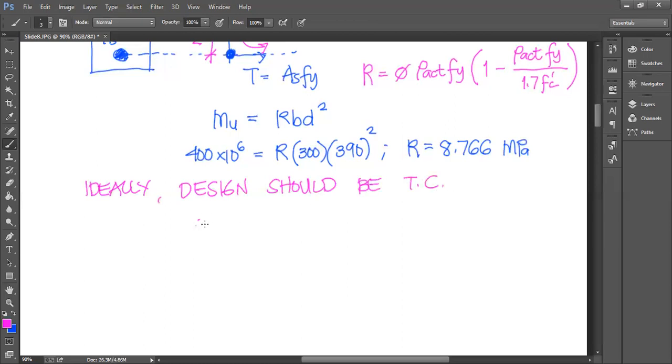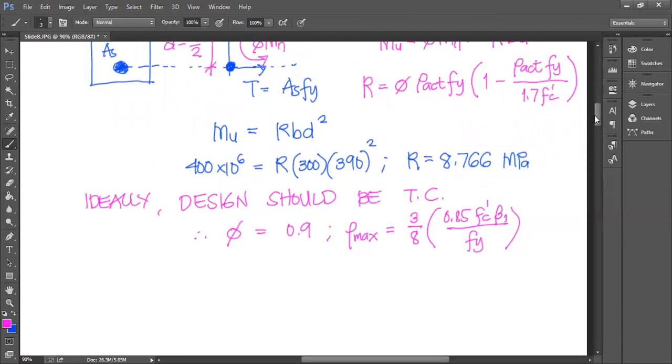So therefore, yung strength reduction factor natin is equal to 0.9 and yung raw maximum natin is equal to 3 over 8 multiplied by 0.85 f prime c beta 1 all over fy.